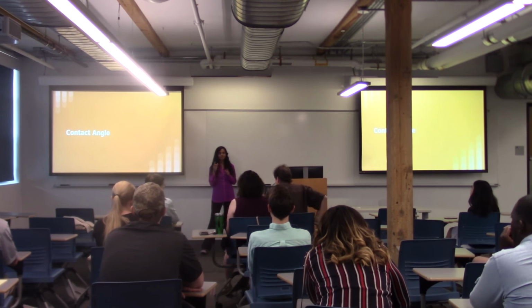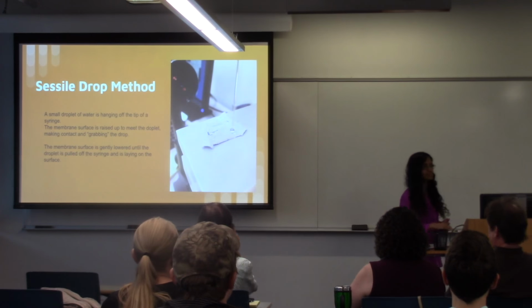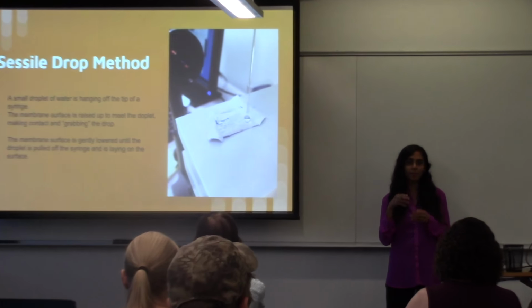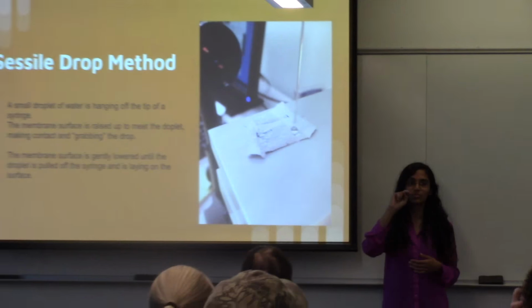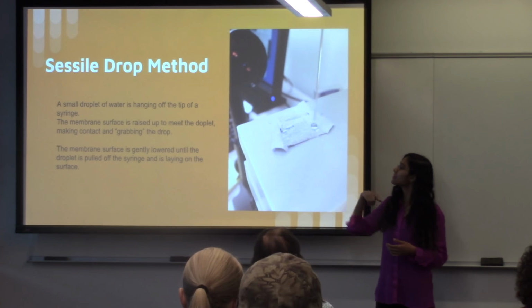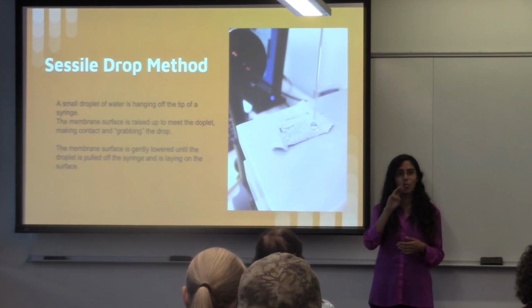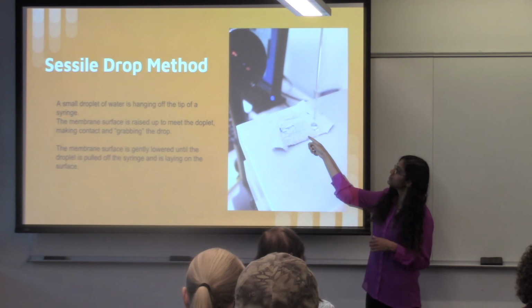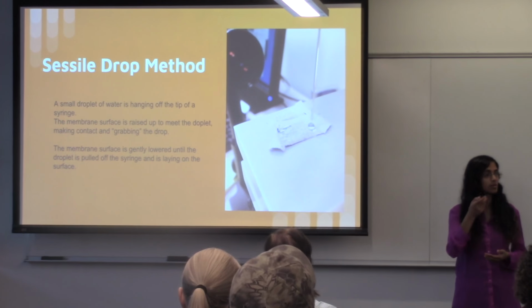Another technique we use is called the contact angle. In this technique, we use what's called the sessile drop method. We have a syringe, and below that in this photo you see our fiber membrane, our sample membrane that I just pointed to.